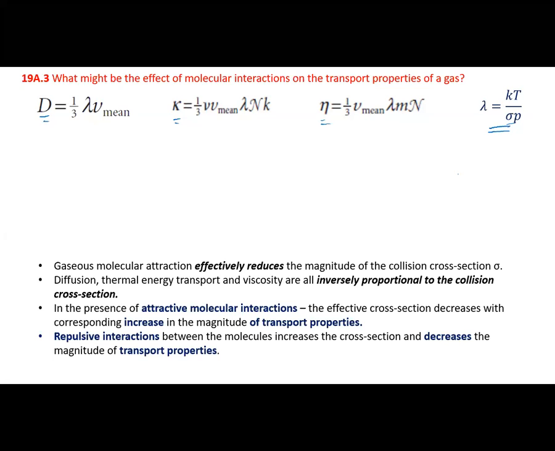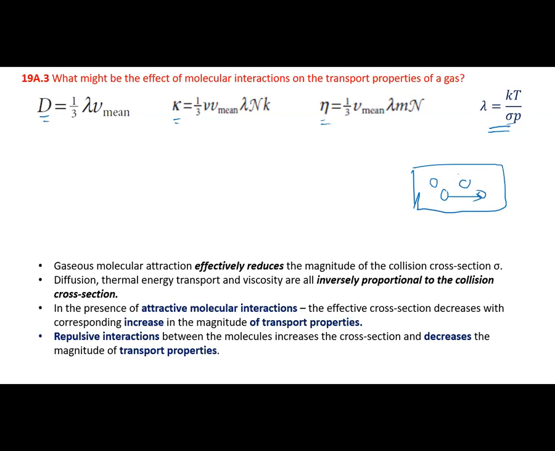Let's say you take a few molecules in a box. If there are attractive interactions between any two molecules, then they tend to stay closer, and they don't move away from each other.